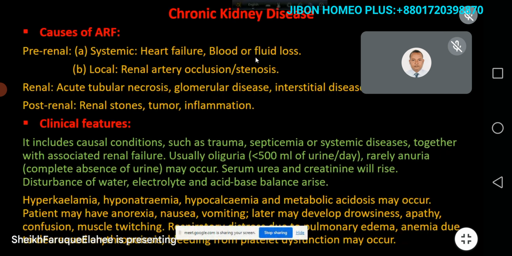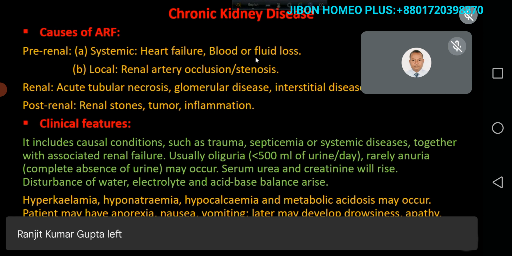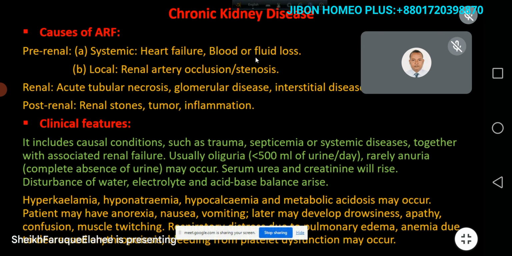If a person has too much diarrhea, cholera, vomiting and purging, then there will be fluid loss and hypovolemia, and the kidney will find little blood to pass through. So the kidney cannot remove the waste product from his body. There will be more creatinine, more urea, and electrolyte imbalance, and the person will have acute renal failure.